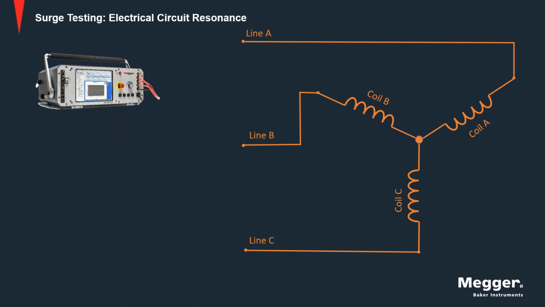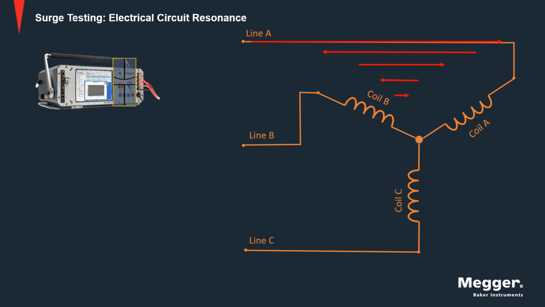What we're doing is taking our tester and hooking up leads 1, 2, and 3 to line A, B, and C. We're going to have our ground lead on, and then we start raising voltage up and pulsing that motor. The way in which we do the raising, we have a charging capacitor in the tester. We charge that capacitor up, then we release that energy into the windings. As we release that energy into the windings, it creates an electromagnetic field in the winding.